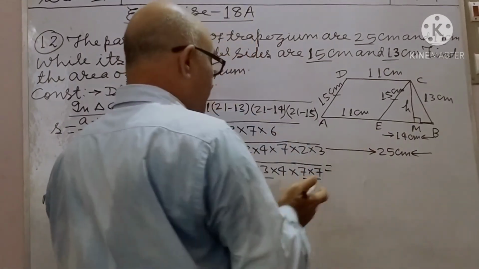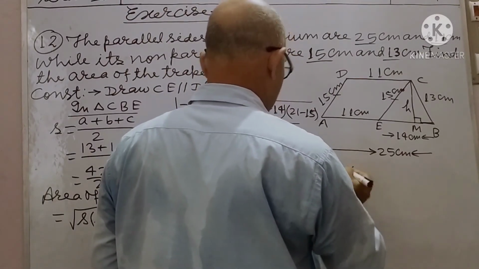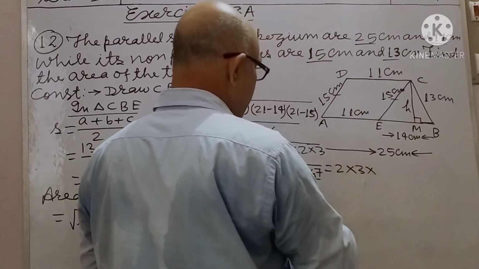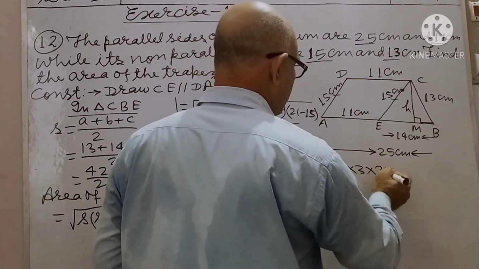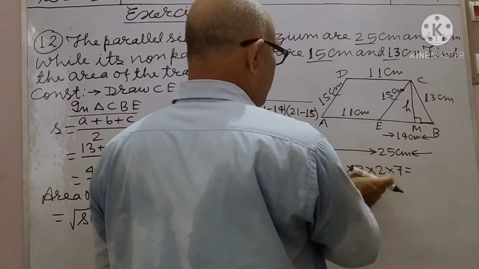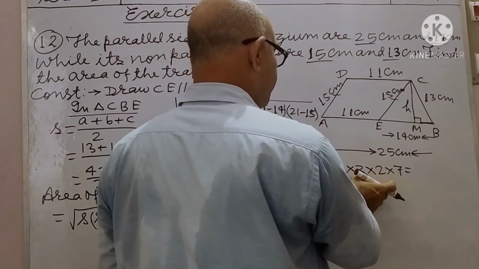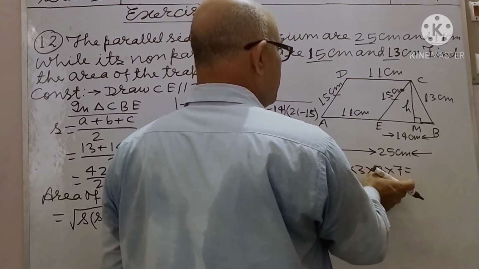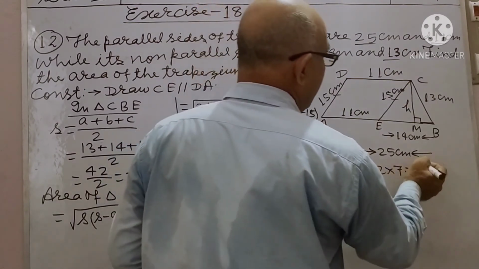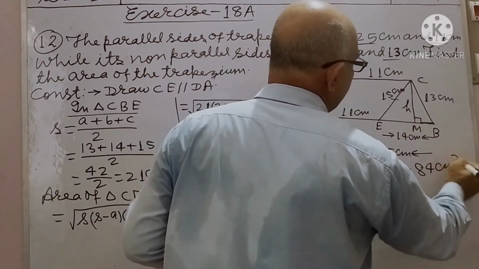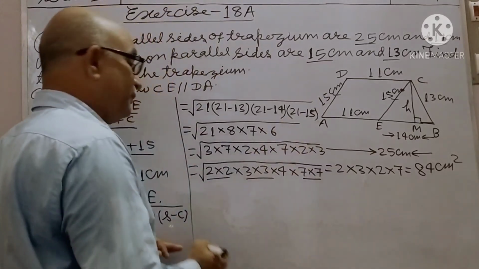Square root of 2 into 2 is 2, 3 into 3 is 3, square root of 4 is 2, into 7, equals 2 threes are 6, 6 twos are 12, 12 sevens are 84. So area of this triangle is 84 cm square.